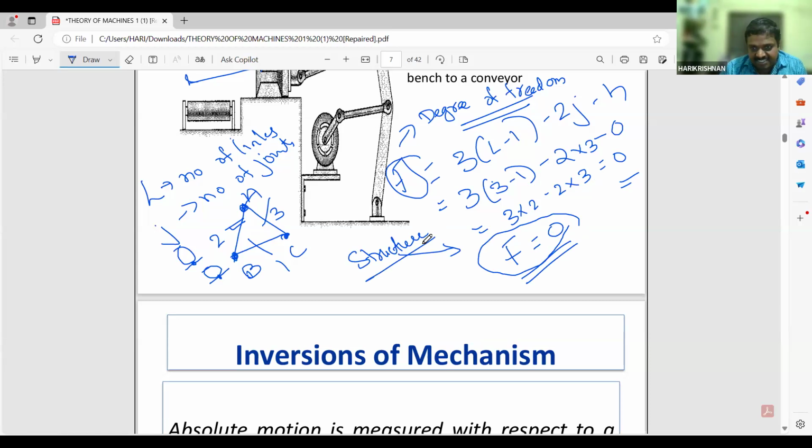All the bridges are structures. Our house is a structure. The specialty of these structures is that they have degree of freedom 0. When the degree of freedom of a system is equal to 0, it forms a structure. I think the concept is clear now. Shall I proceed further?